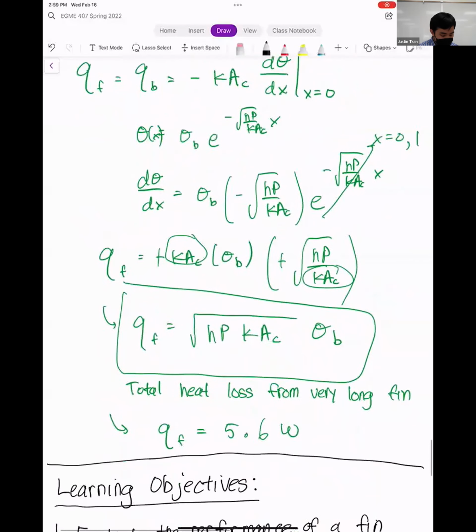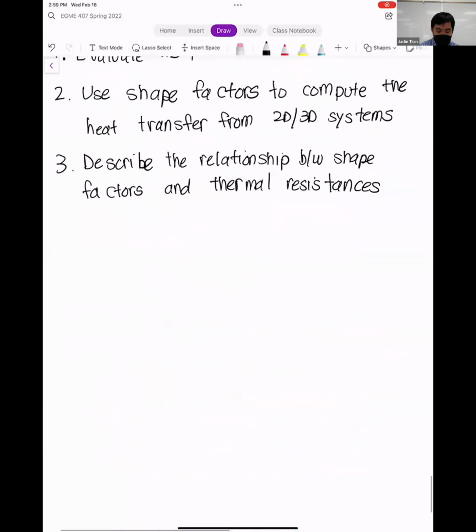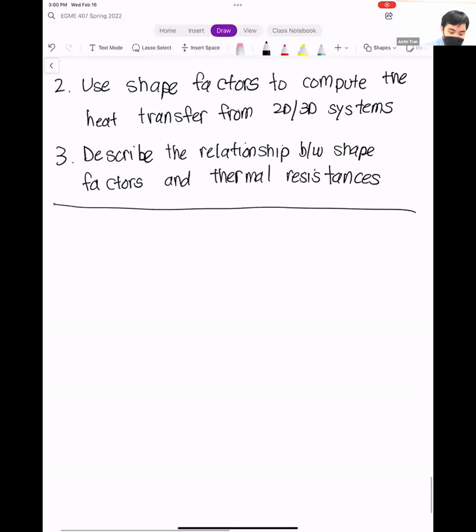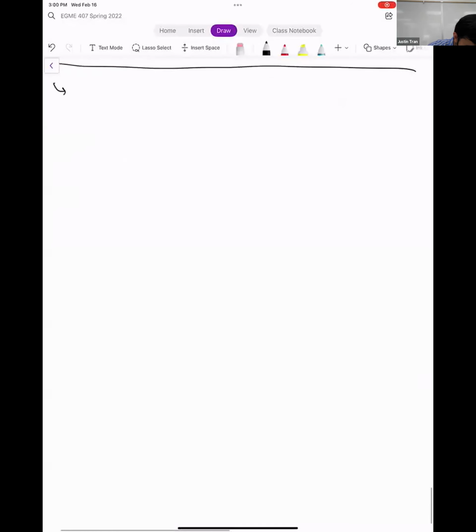Okay. All right. And so the last part of this example that we didn't get to was a test of our assumption, right? And remember, the key assumption in doing all this fin analysis was that the fin was very long. The question that I posed for this was, how long does the fin have to be in order to be considered very long?